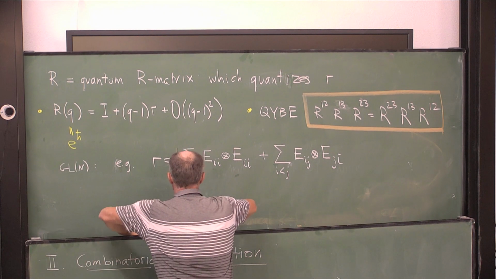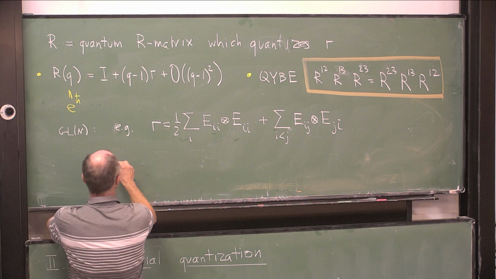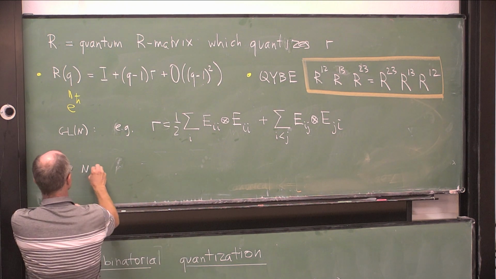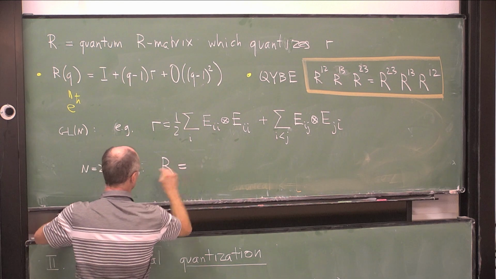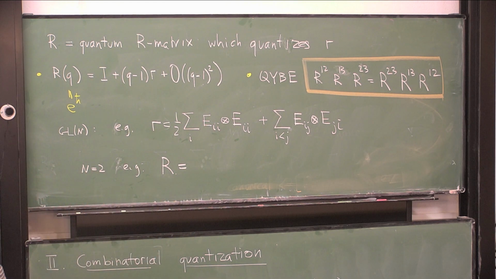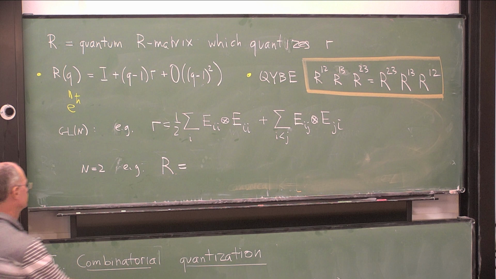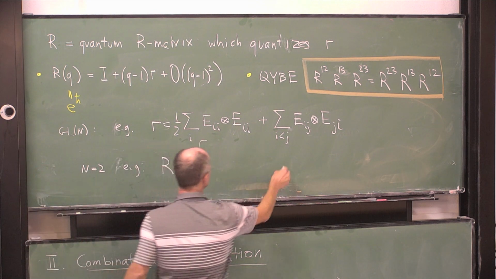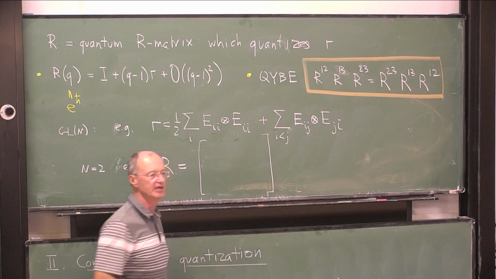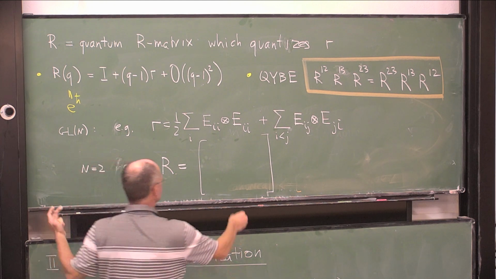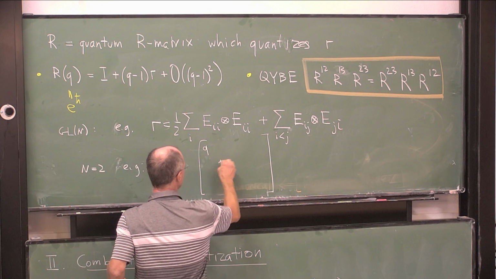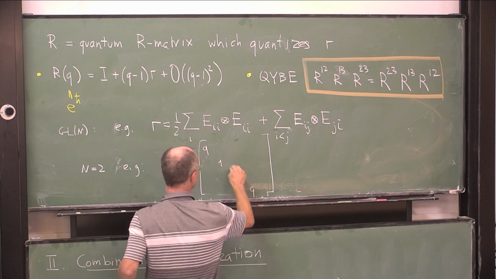Okay, now an example of capital R. Now capital R should be a 4x4 matrix, right? It acts on V tensor V. Probably many of you are much better experts than me in this.